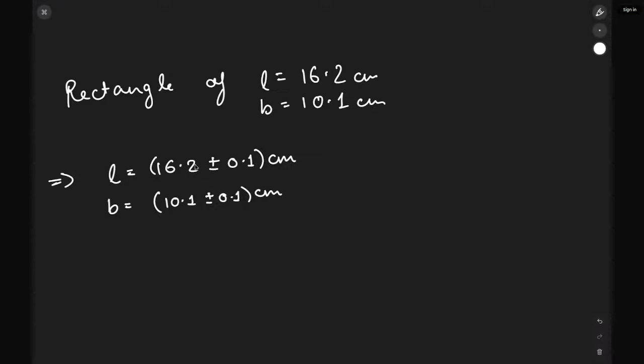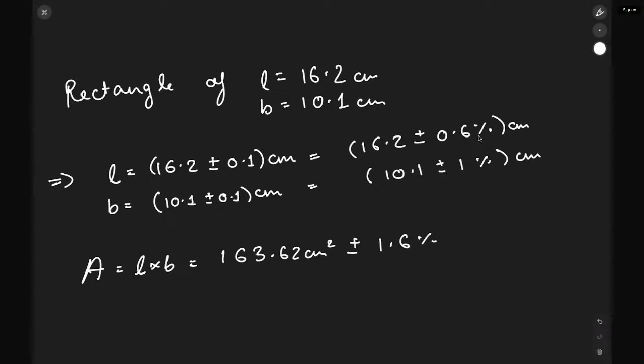All right. And from here on, if we multiply to get the area, length into breadth, it will be 163.62 centimeters square plus minus 1.6 percent, because these percentages will be added up. See, the errors act in the log format.